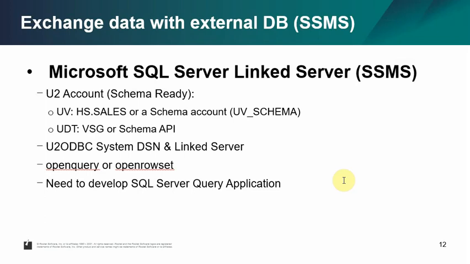On UniData, you need to use the VSG tool to generate the tables. When you do it this way, you need to go one by one, depending on how many tables will be generated by the schema. For example, a customer normally expands to two tables: one is called customer, another is called orders MV. So it can be multiple tables, and you need to write a different script to retrieve the data one by one.